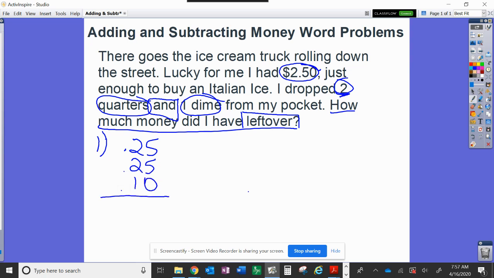Okay? So 5 and 5 is 10. 10 plus 0, of course, is 0. I'm going to carry my 10 to the tens place. 1 ten plus 2 more tens is 3 tens. Of course, that means 30. 3 tens equals 30. Then another 2 tens is 20.